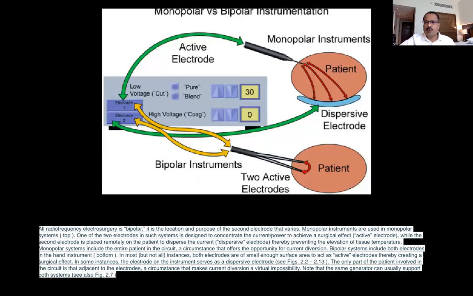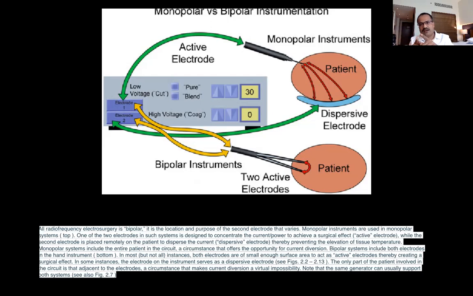Now, monopolar and bipolar. Earlier, the terms were used as monopolar current, bipolar current. Now those terms have been removed. There is no monopolar current and bipolar current. There are only monopolar instruments and bipolar instruments. The instrument where the active electrode and the dispersive electrode are apart, and the whole patient is in between, that is monopolar.